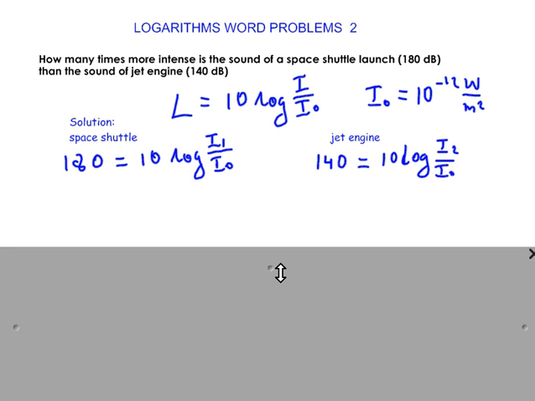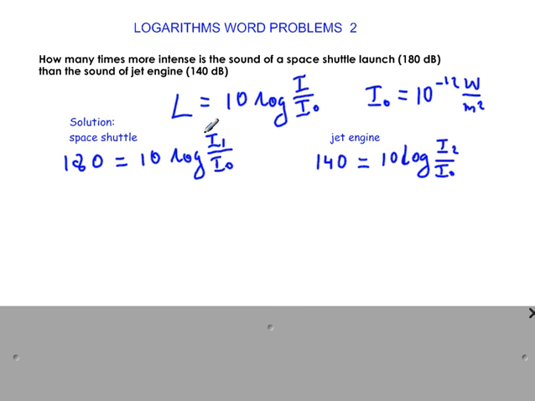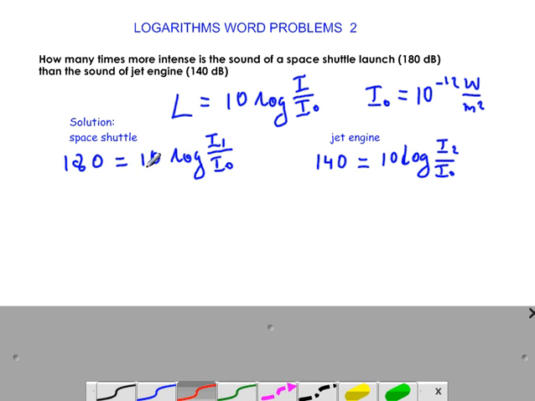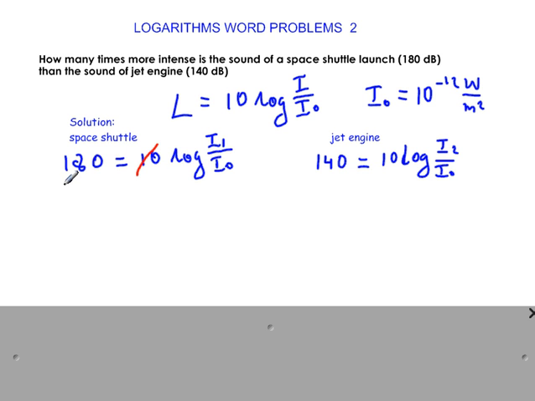So to find the relationship between intensity 1 and intensity 2, all we have to do is simplify the equation and solve it for I1 and I2, and then create the ratio. So the first step, what do we do? Simplify. You see that 10 and 180 can be divided on both sides by 10, similarly with this equation.